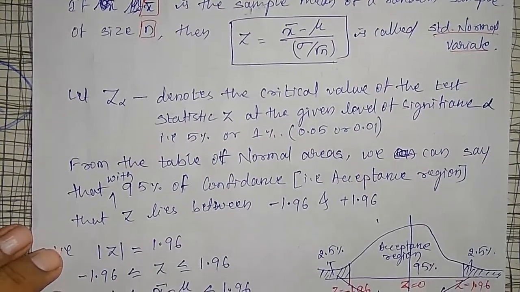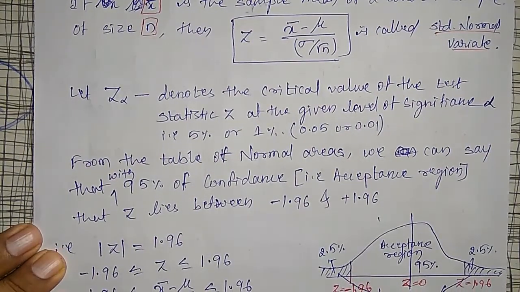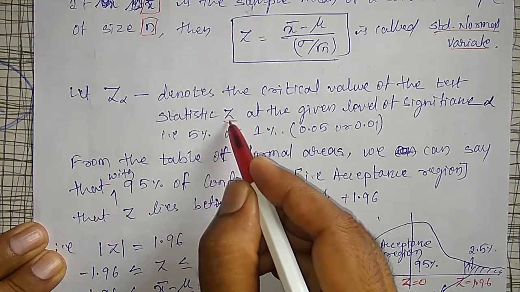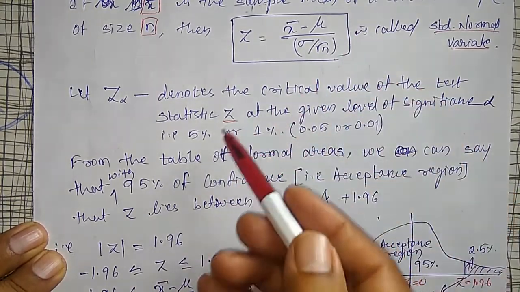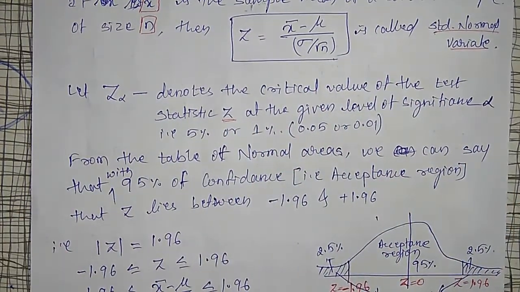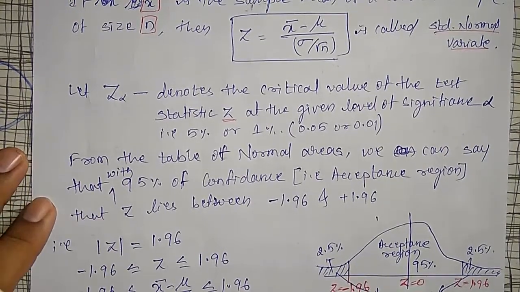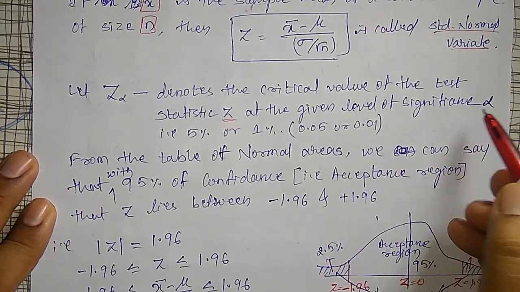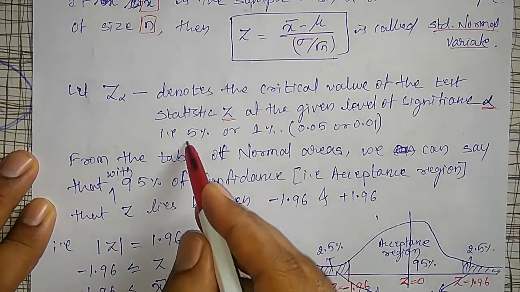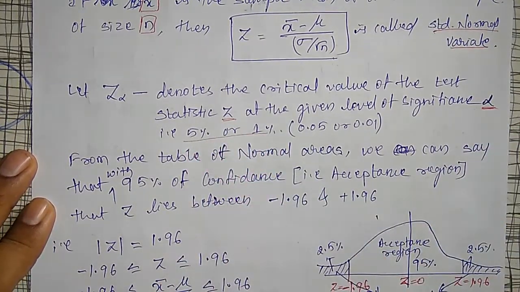Okay, then if z alpha denotes the critical value of the test for a statistic z, where z may be any statistic, it may be the mean, standard deviation or any other statistic related to the sample, at the given level of significance, it may be the 5% level or 1% level.